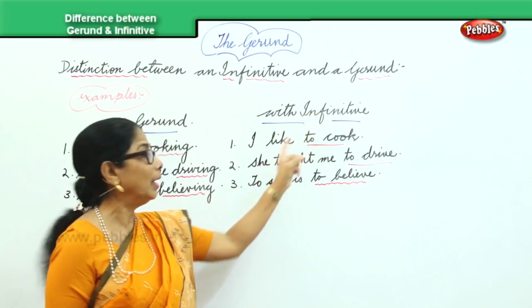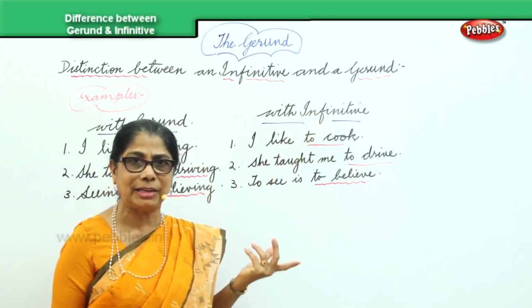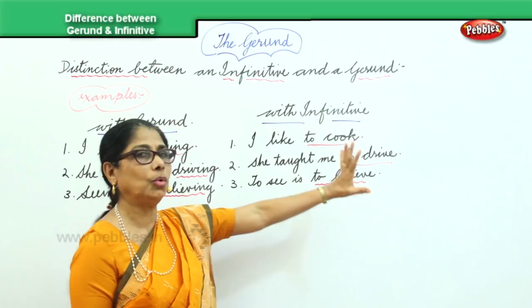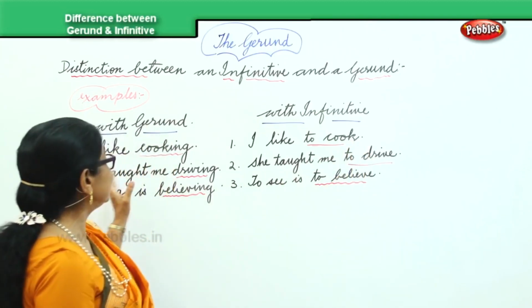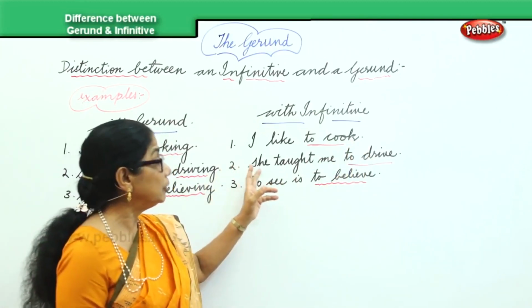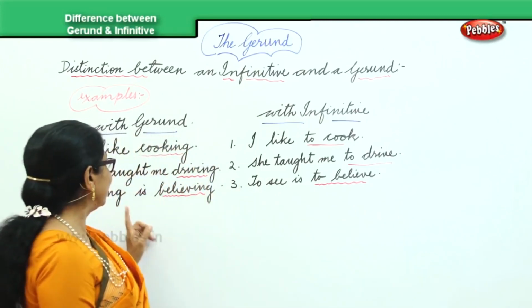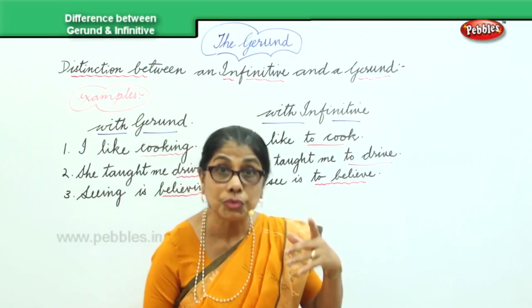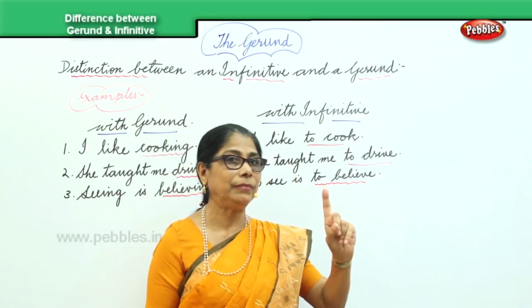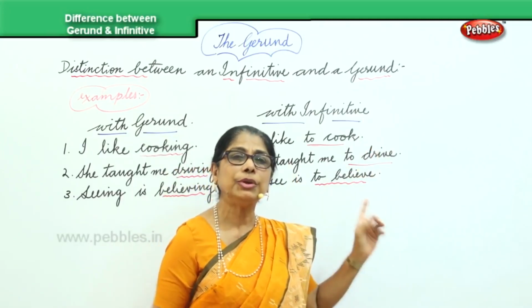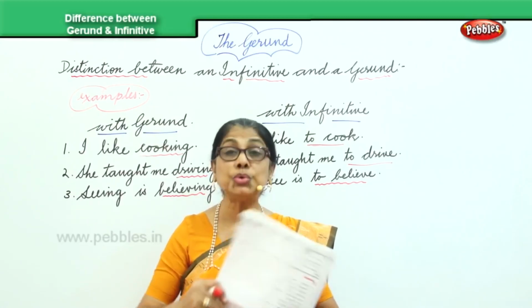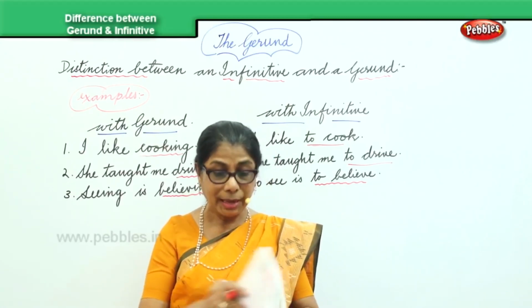I like cooking, I like to cook. There isn't much difference between the two. She taught me driving, she taught me to drive. Seeing is believing, to see is to believe. So when you form the infinitive, you add "to" to the verb. And that's it.